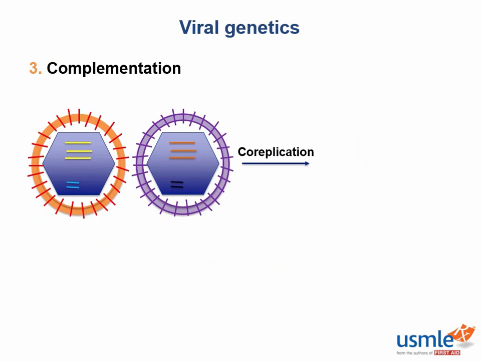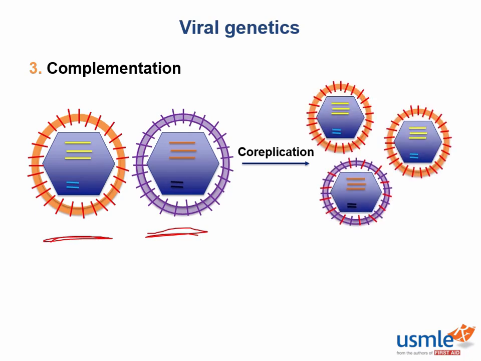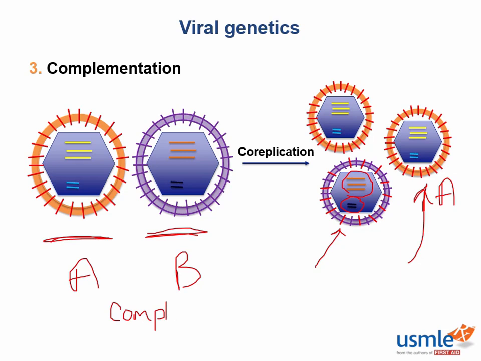For example, when two viruses such as these co-infect the same cell, virus A can encode a protein that can help out virus B. Here we can see virus B and A, and we can see that although virus B's genetic material didn't change, it is expressing a new red protein on its surface, which it got from virus A. So here, virus A is complementing virus B. The genotype of virus B stayed the same, but the phenotype changed.